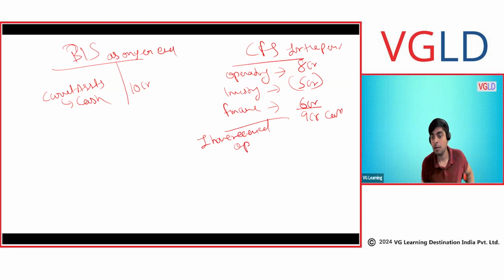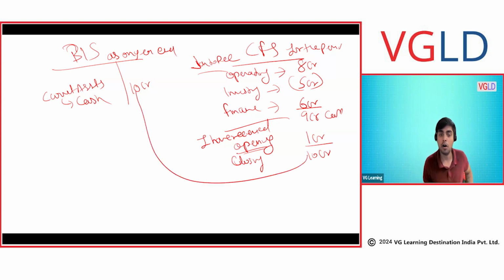And the cash at the opening of the year, let's say this is a January to December period, at the opening of January I had 1 crore cash. So after the year end, the closing cash would be 10 crore. And this 10 crore would always match with your balance sheet 10 crore. This is how the cash flow statement basically indicates. I am just explaining what the cash flow statement does. I'm not explaining how the cash flow statement is prepared. That is a separate chapter.